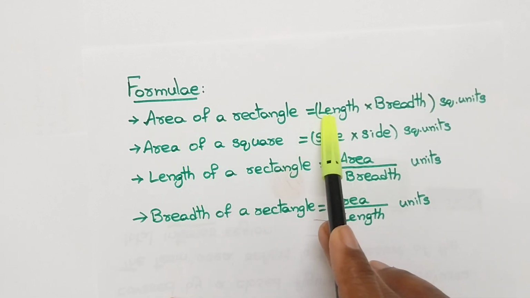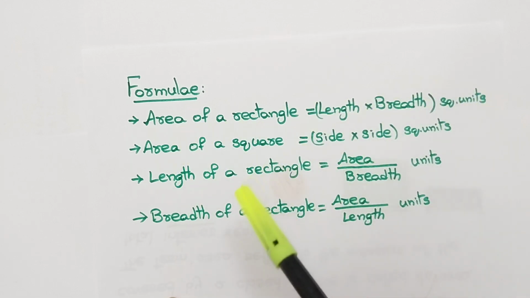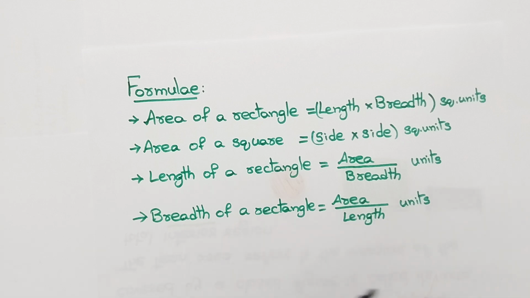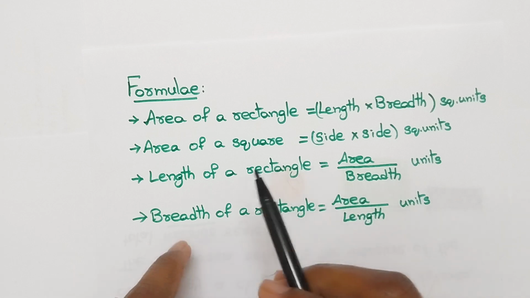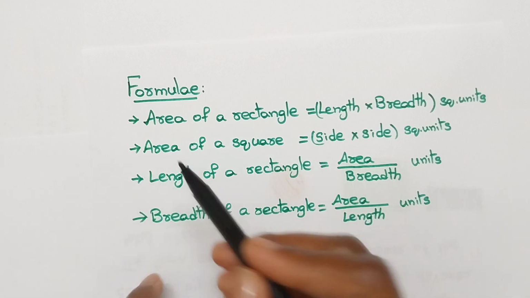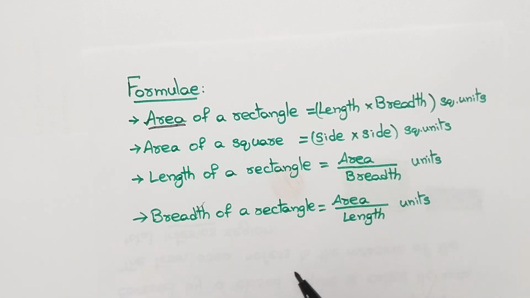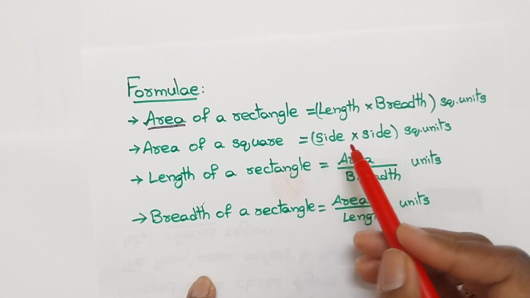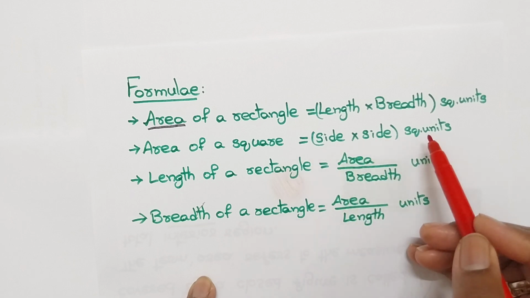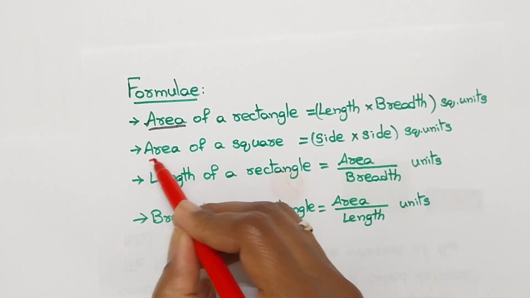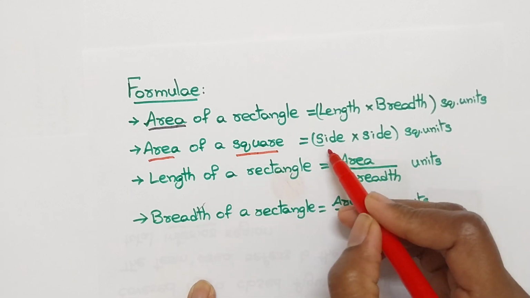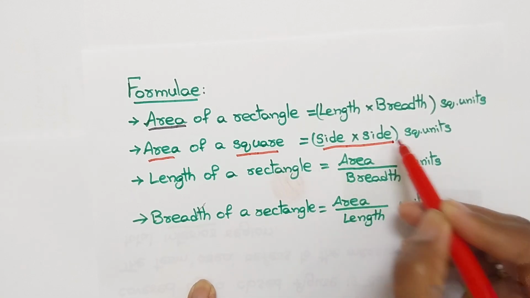Do you remember? Perimeter is 2 into (L plus B), but for area, length into breadth. Next, area of square equals side into side, square units.